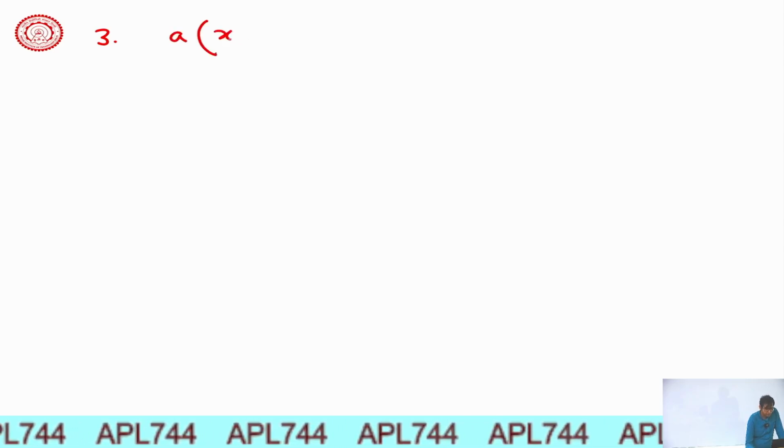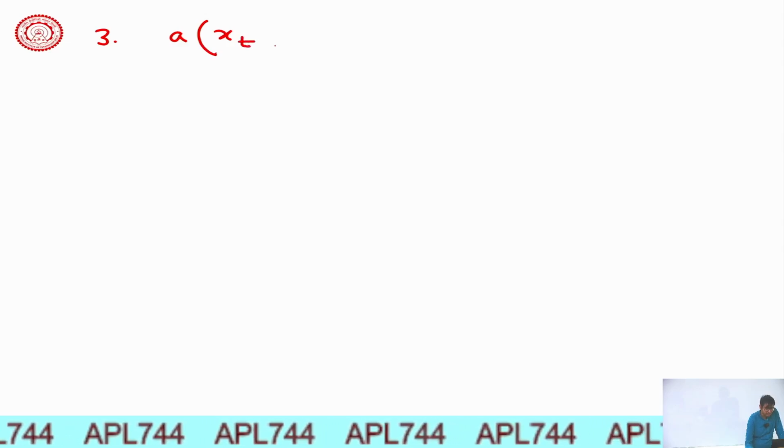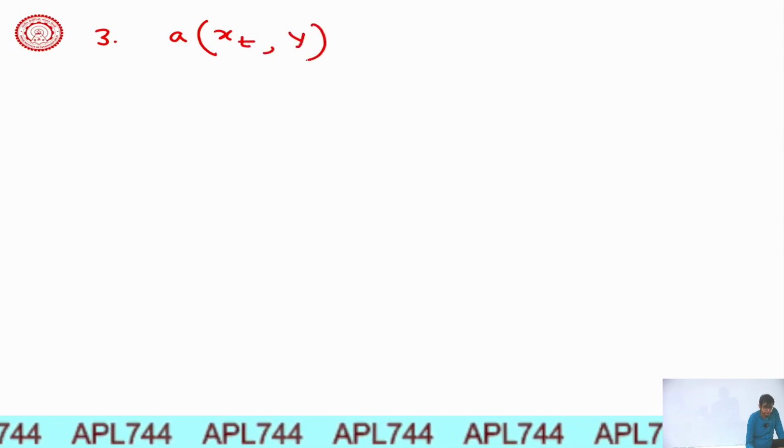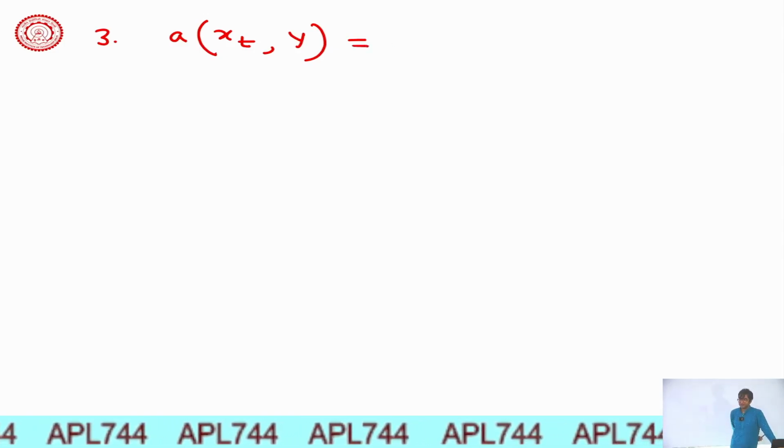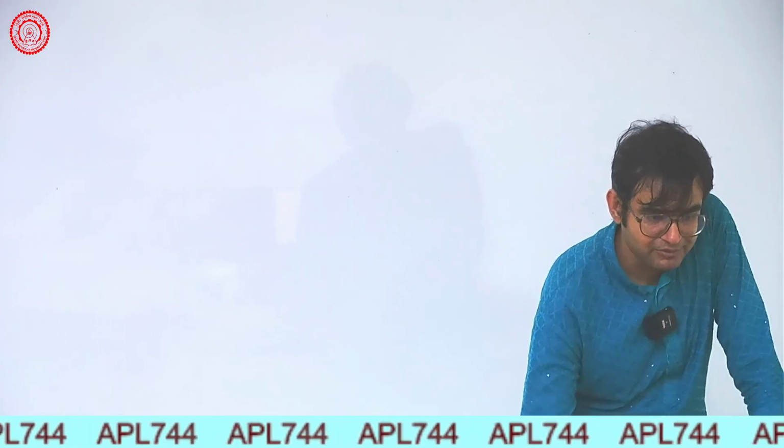So step 3 is you will calculate the acceptance ratio going from xt to y, and this was equal to, what was the acceptance ratio? Pi of y divided by pi of xt, which is equivalent to pi star of y divided by pi star of xt. I am writing pi, but they are the same because z and z will cancel out, okay, because both are the same distribution.